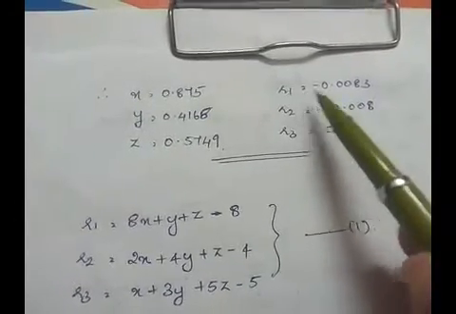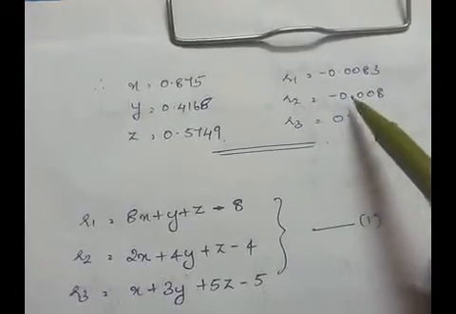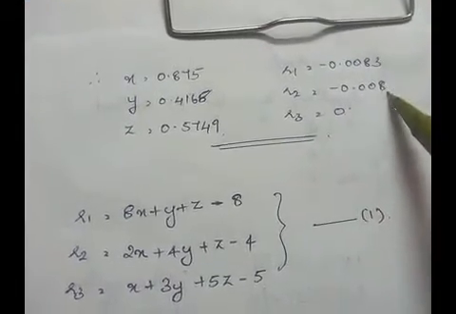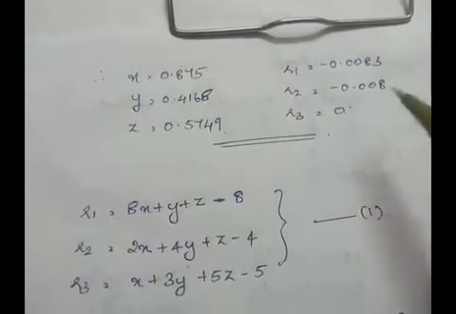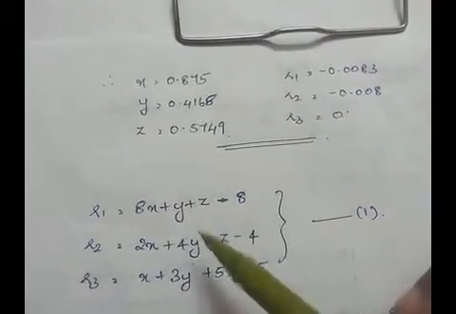That is, R1 equal to minus 0.0083, R2 equal to 0.008 and R3 equal to 0. You can check the values by substituting these values in equation 1.